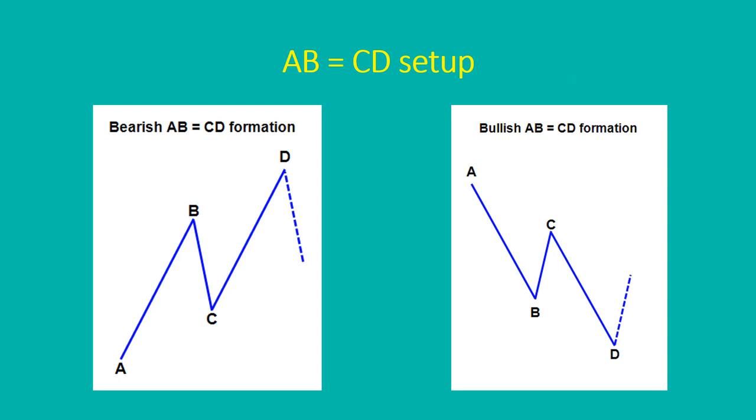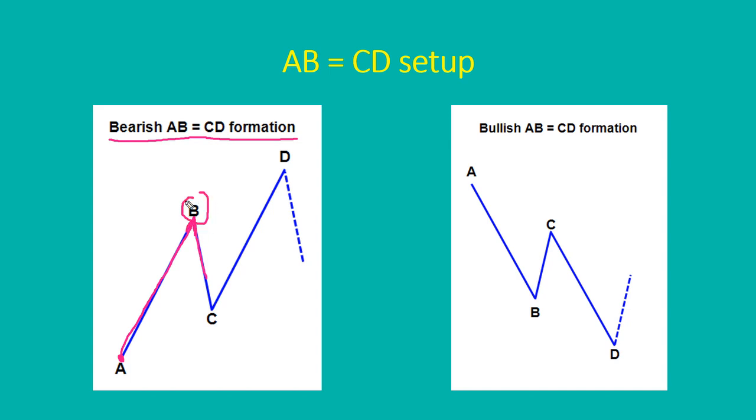In this screenshot, those are the schemes of the ABCD setup. The left picture is a bearish ABCD formation, and it looks like this. You need to use significant swing points. One swing point is in here, then the price goes upwards and creates a high.